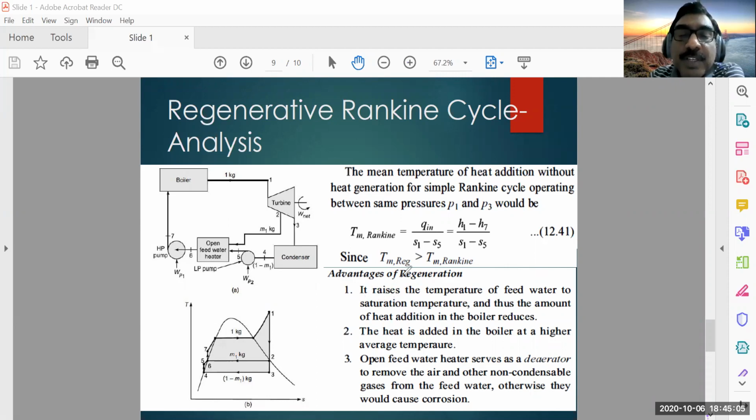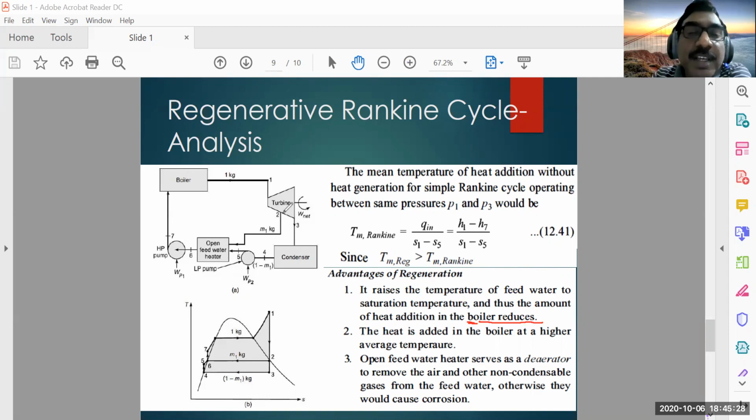So the advantages of regeneration: it raises the temperature of feed water to the saturation temperature, and thus the amount of heat addition in the boiler decreases. Okay, so the energy that we are supplying through the boiler will be decreased because the feed water is already getting heated up because of the bleed steam.